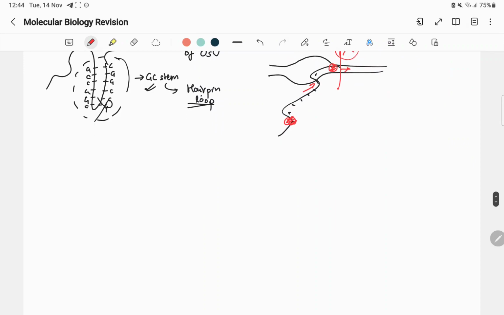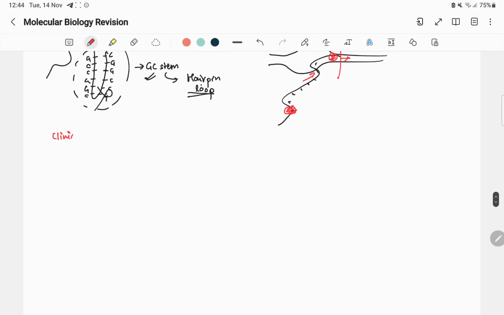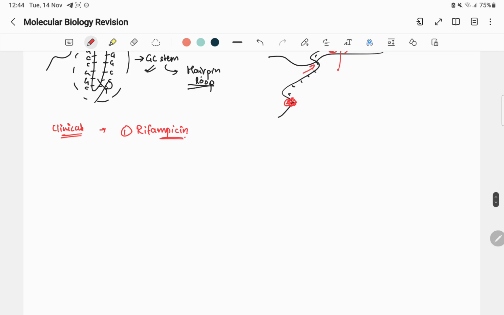Now about the clinical aspects, two clinicals are there. Here we have rifampicin, or rifampin. This inhibits transcription by binding to the beta subunit.